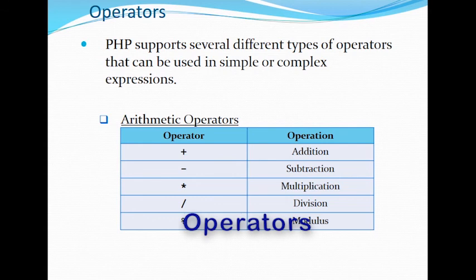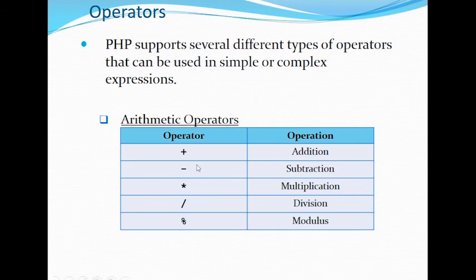I'm going to skip string length and word wrap, and focus on operators, because for me operators are much more important than string length and word wrap. For your information, there are several types of operators available in PHP, and one of the main ones is the arithmetic operator.